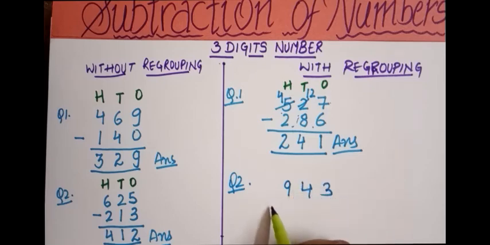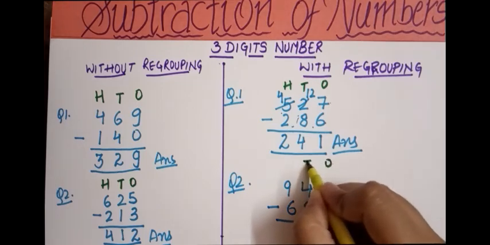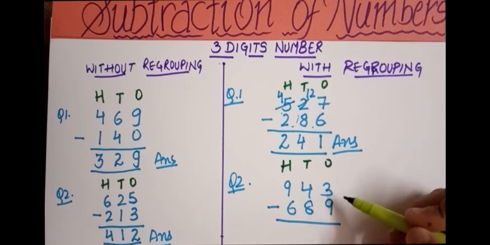Okay, now see the last one. 943 minus 689. Then we'll again sketch a line and we'll be writing the places: ones here, tens here and 100 here. Okay, so here we begin with ones. So 9, we have to subtract 9 from 3.